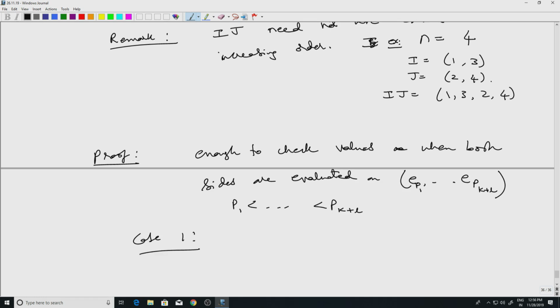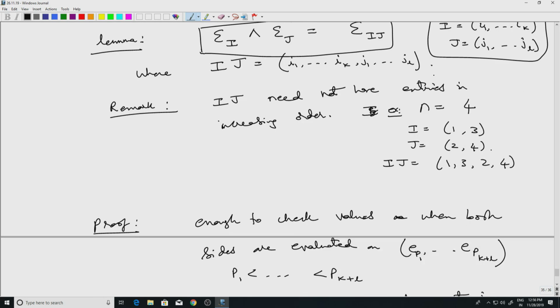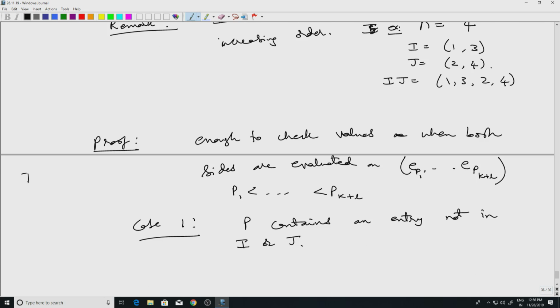First of all, the first possibility is that P contains an entry, an index, not in I or J. So remember I equals I1, ..., Ik, J equals J1, ..., Jl.